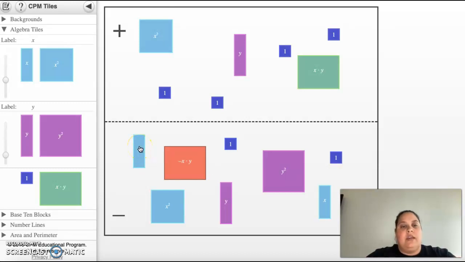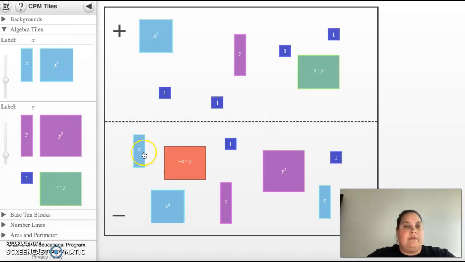If you would like to pause this video now and practice simplifying this, what we're going to do is simplify this whole entire expression. Not only are we going to add the opposites, but then we are also going to cancel out any zero pairs. Then we'll see what our simplified answer is.